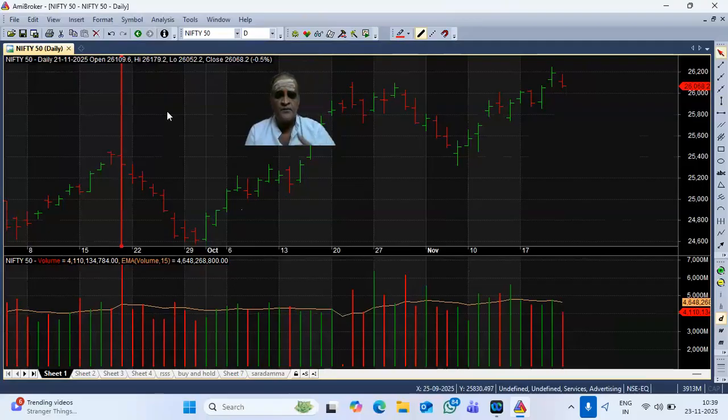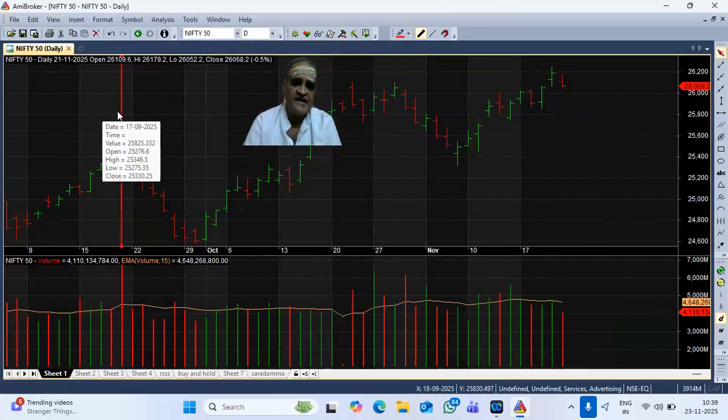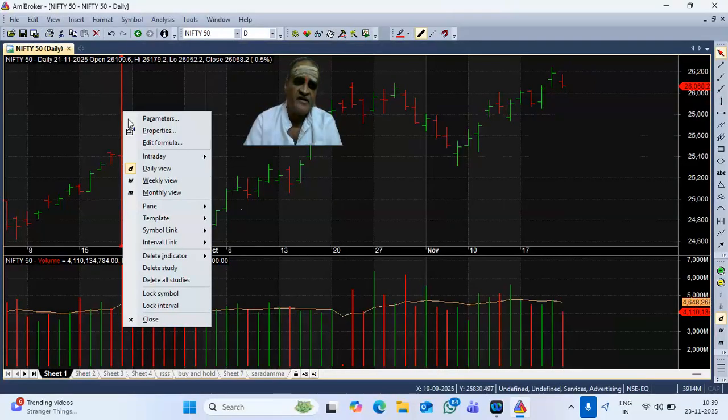After a good up move, suddenly there was a spurt in the volume, which is more than the moving average, and also compared to previous days' volumes. Still, it is happening at the highest stage after the second day.